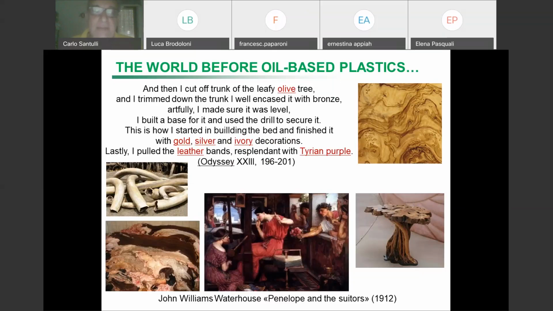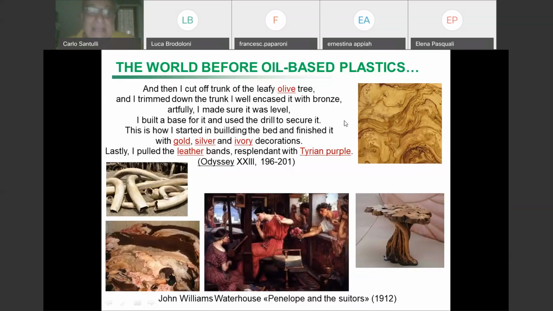But it is important anyway, because this is the starting point of material science, and it's important not only from a historical point of view, but also because we are coming back to using in an updated way a number of materials which come from nature, because materials coming from nature tend to be biodegradable, which doesn't always mean that they are completely sustainable in a modern way, because they might be treated.